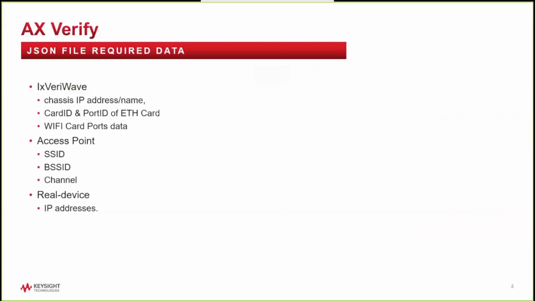From the access point, you'll also need the SSID, the BSSID, and the channel that we're going to be running the traffic over. From the real devices, you will need to collect the IP addresses assigned to it from the AP.